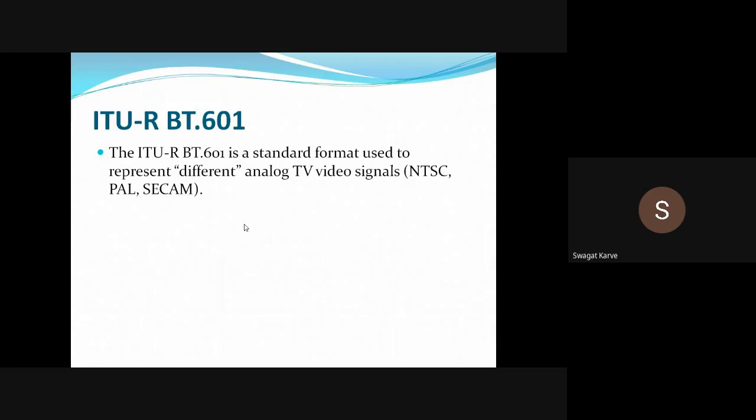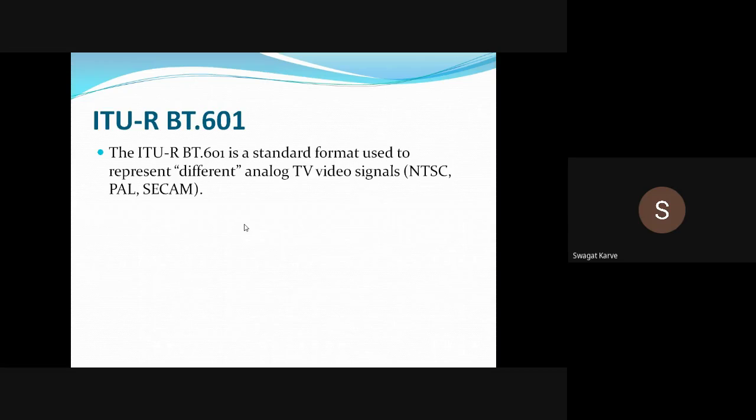Now we will talk about the ITU RBT 601 standard. Okay, now what is this? This ITU RBT 601 is a standard format used to represent different analog TV signals, right? That may be NTSC, that may be PAL, that may be SECAM.